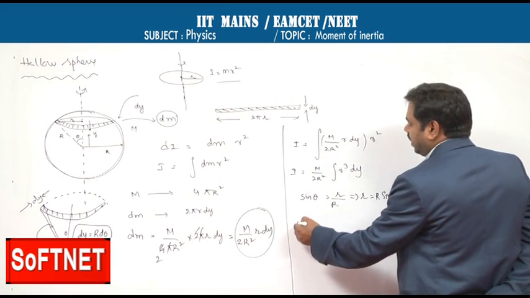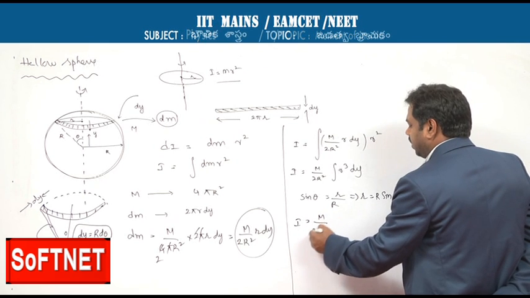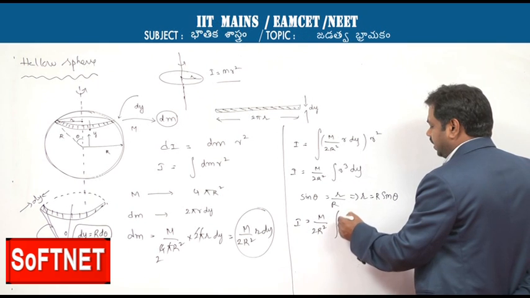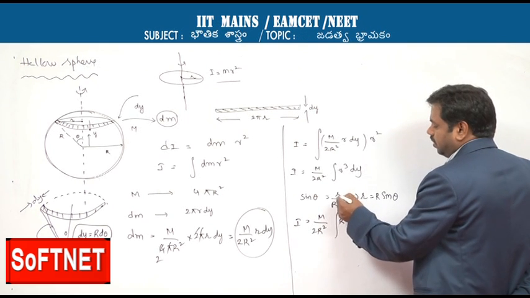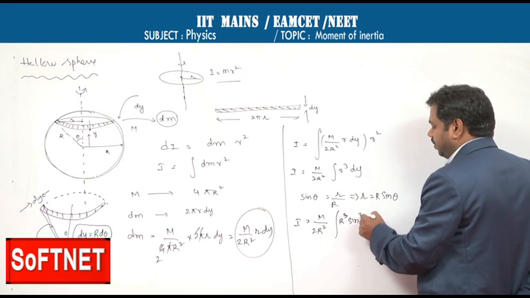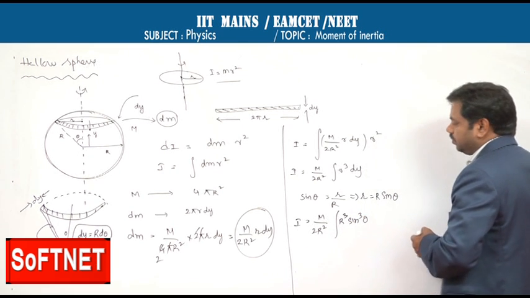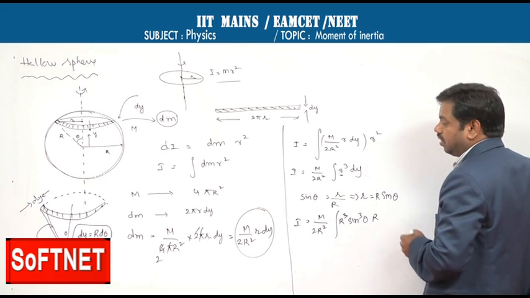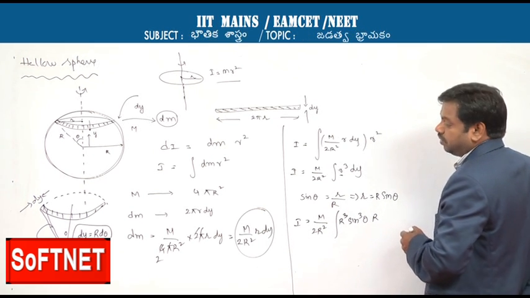So finally you will get I is equal to m by 2 r square integration of r cube, capital R cube, into sin cube theta, and next dy is equal to r d theta.